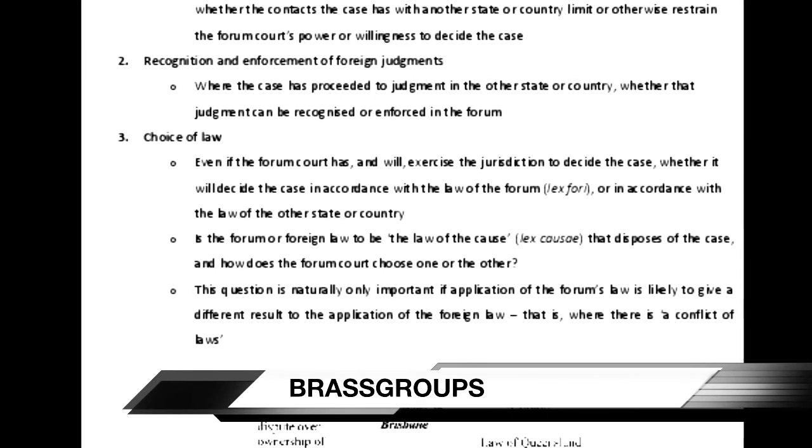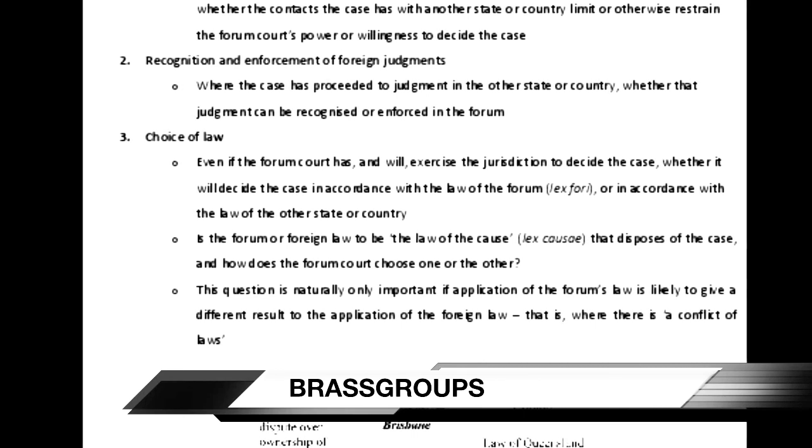And therefore, what is important is that the question of jurisdiction cannot be isolated from the fact that a connection has to be established. A particular kind of connection has to be established if at all we are to argue that the court has jurisdiction in relation to a particular dispute. That's the last point which I would make today.